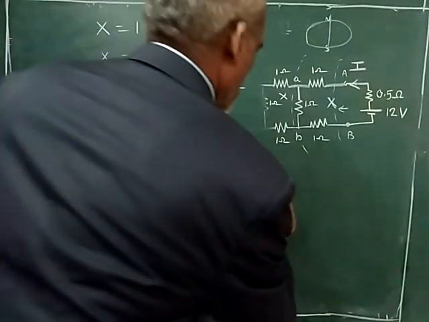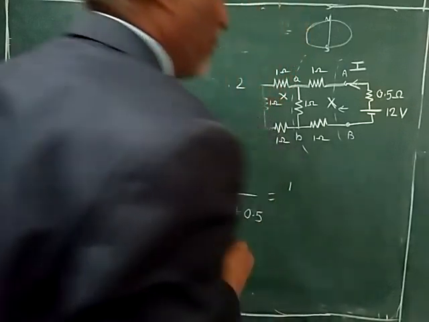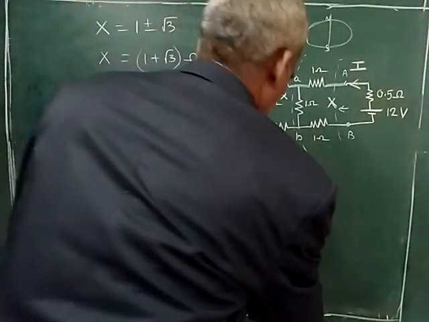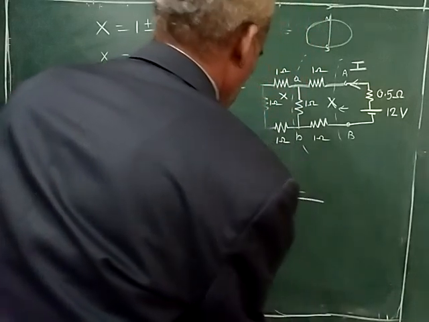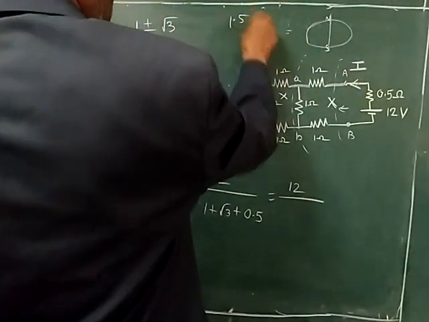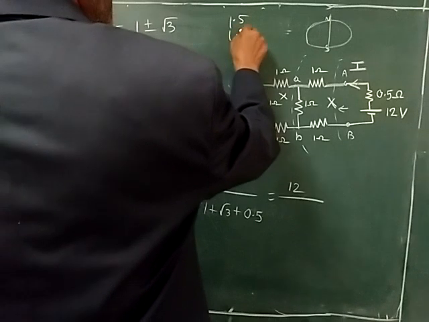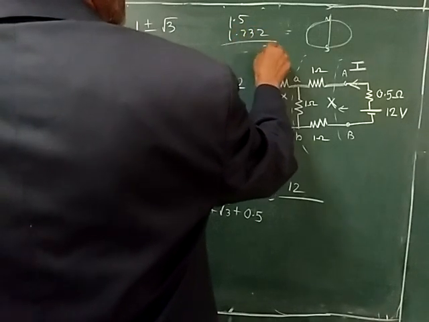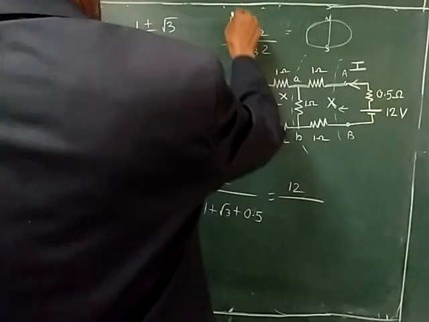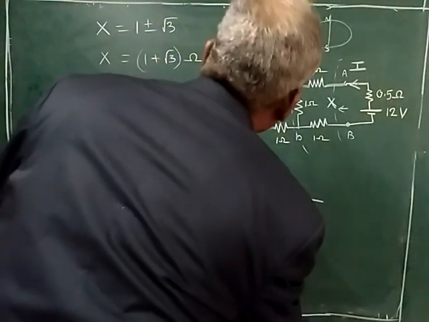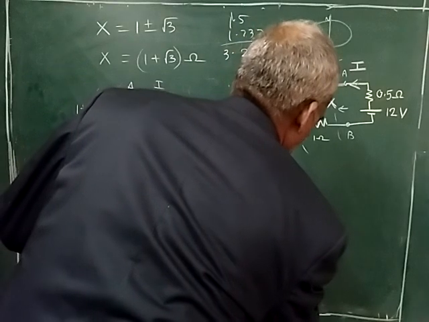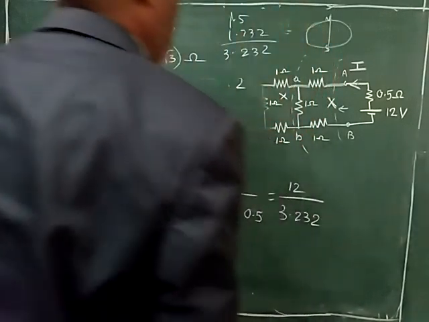So this will give you 12 divided by, this is 1.5, root 3 is 1.732. If you add, it gives 3.232.